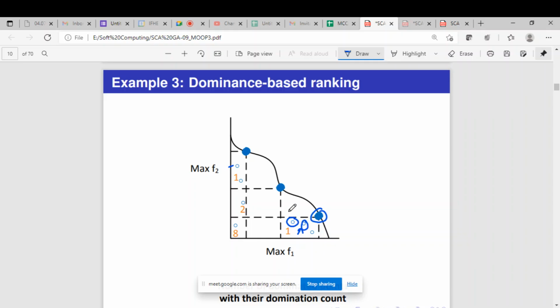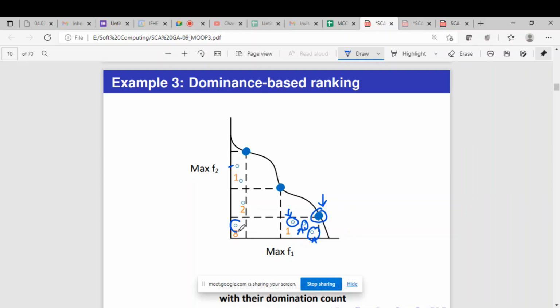So this individual is dominated by only this individual. This individual is not dominated by him because he is towards the top, but not towards the right. Similarly, for this individual, only 1 is dominating, so the rank is 1. Actually it should be 2, but here it is 1.